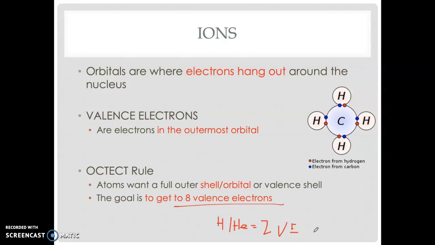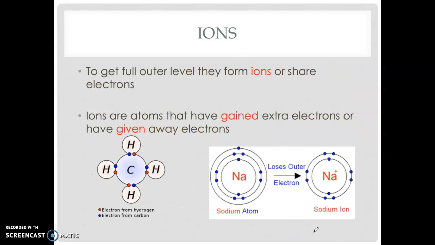It's called the octet rule because we're trying to get to oct, or 8. To get to a full outer level, they either form ions or share electrons. We already looked at a situation where carbon and hydrogen shared electrons. That's called a covalent compound. Other ones form ions. You see how sodium has one electron in this outer ring? It loses one.